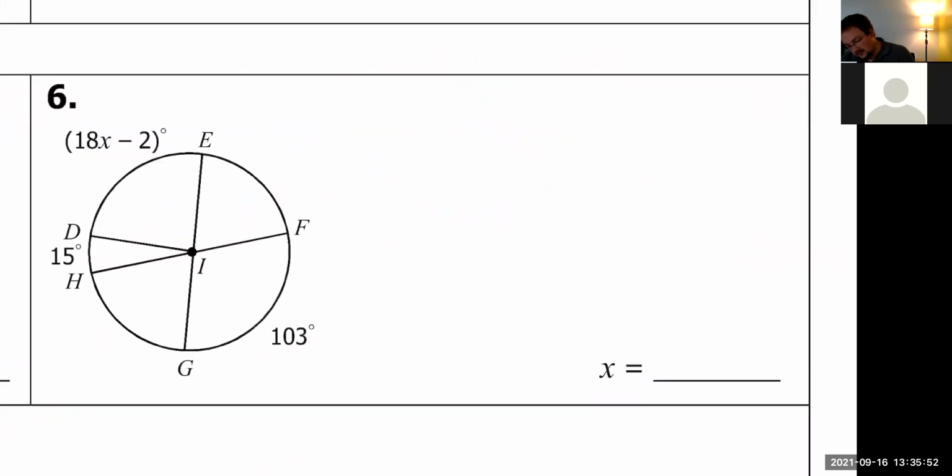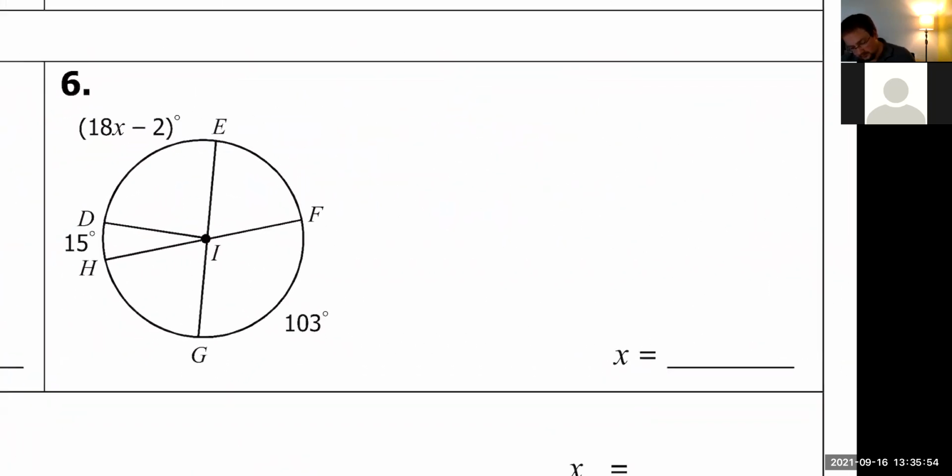Number 6. A lot of information going on here. We're just looking for x, which is over here in this expression for arc DE. What are your thoughts? Would you set it equal to 180 again?